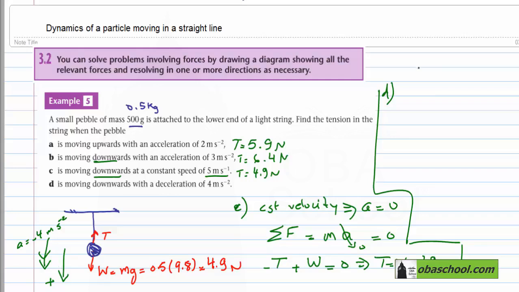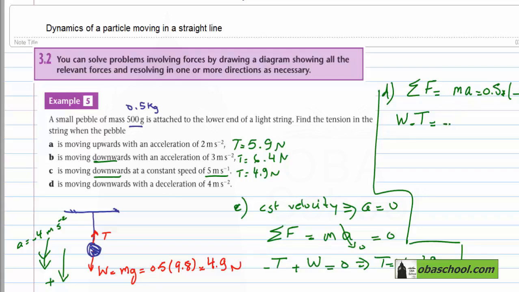Alright, then the summation of forces along the y-axis is ma, mass is 0.5, acceleration a is negative 4. Then the forces are as follows: weight in the positive direction, plus W minus T, that is opposite to the positive direction, and this is equal to negative 2. It's negative 4 multiplied by 0.5.